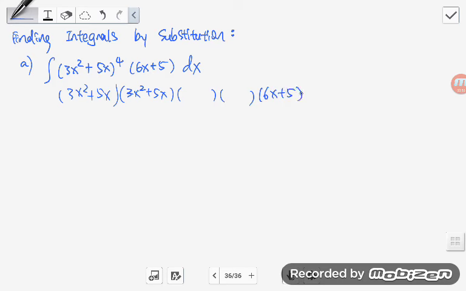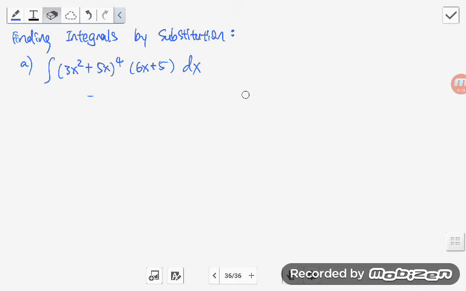Then open each one, remove the parentheses, multiply every term, simplify and combine like terms, and then find the integral. But that's going to take us forever.